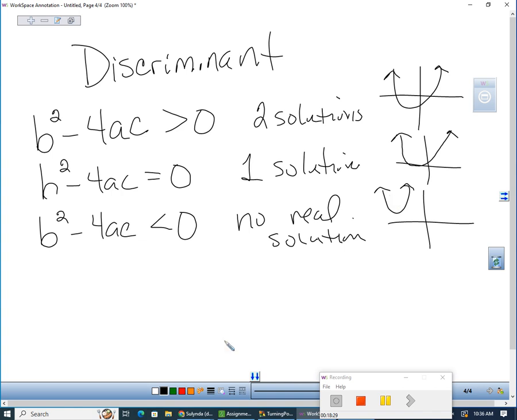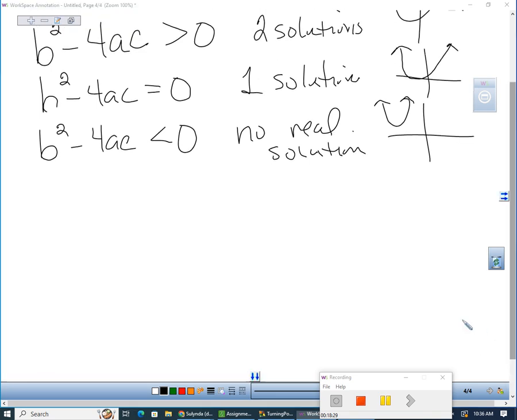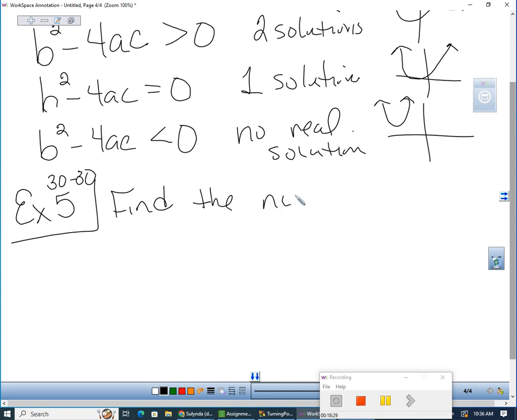Okay, so that being said, the last section we have to talk about, example number 5, section 30 through 34. Find the number of real solutions.